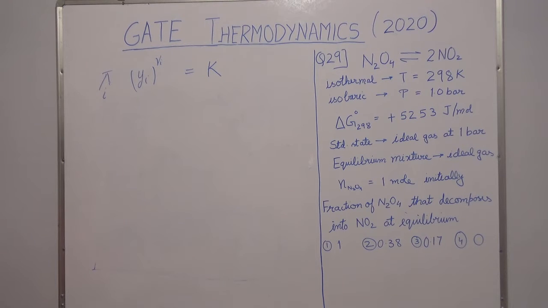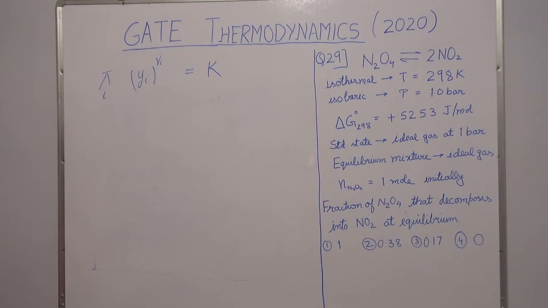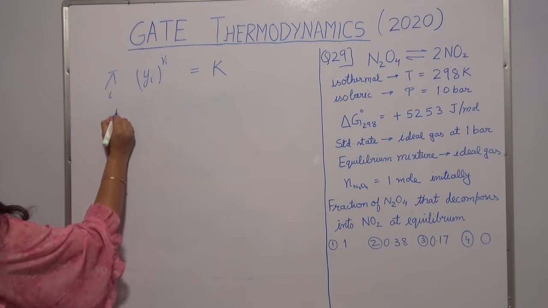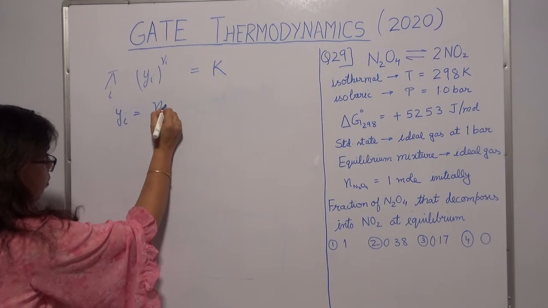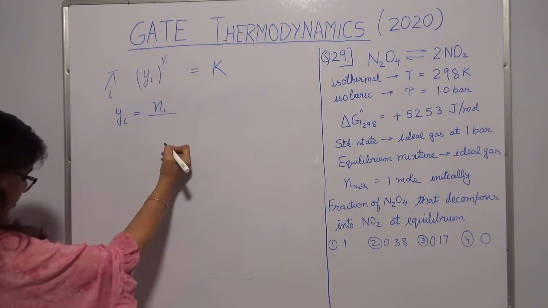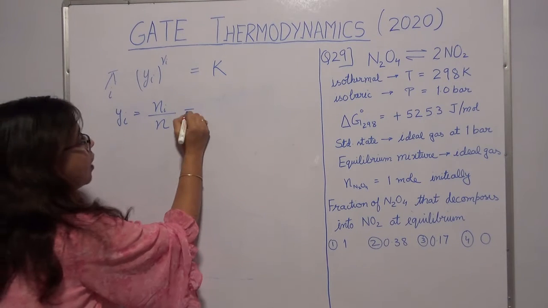Okay. Now let's find out Yi in terms of the extent of reaction or the reaction coordinate. So your Yi will be given as your number of moles of I at any time divided by the total number of moles. Now Ni, how can I get?